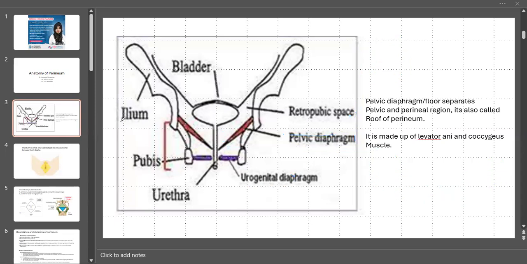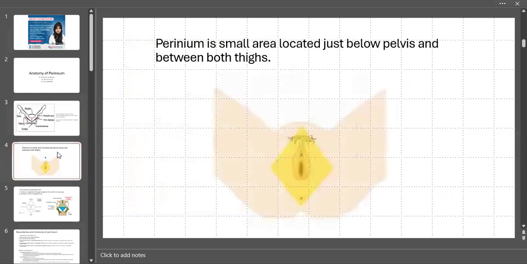Now, guys, consider that the perineum is a very small area located just below the pelvis and between both thighs. This diamond-shaped area in the female body, we call it the perineum. The urogenital diaphragm is an inside structure, and the pelvic diaphragm is the structure which differentiates the two cavities.